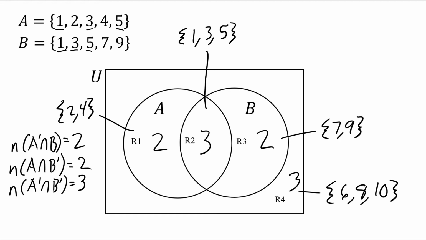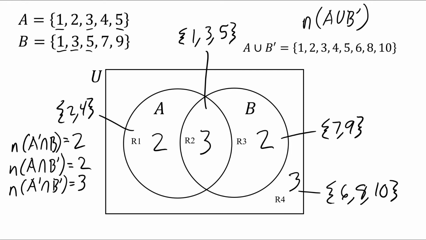Okay. Now let's look at unions with complements. This is where it gets a little tricky. So the number of elements in A union B complement, for example. All right, so I want you to think about this one for a second. So pause the video here and see if you can figure out how many elements are either in A or are not in B. All right.